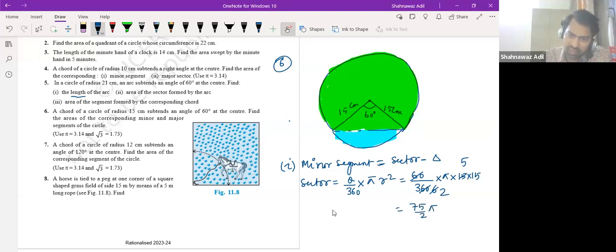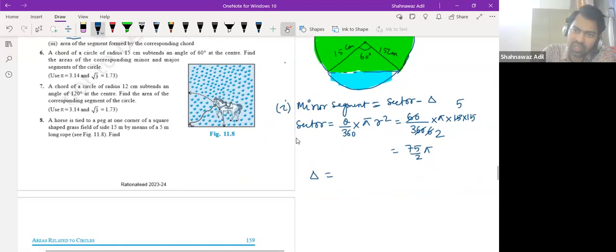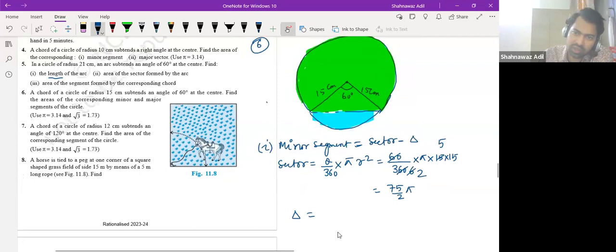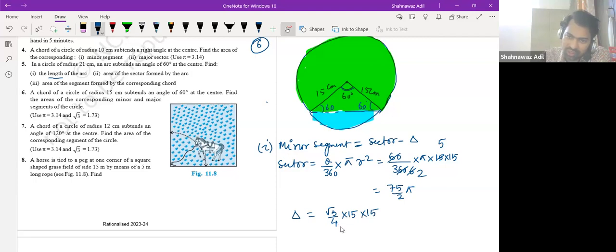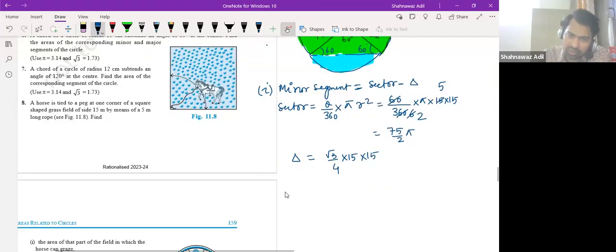This is a sector and a triangle would be how much? So we can use the trigonometric one, or we already know that this is 60 and 60. So this is an equilateral triangle. So root 3 by 4, 15 into 15. This cannot be cancelled. So minor segment would be how much?